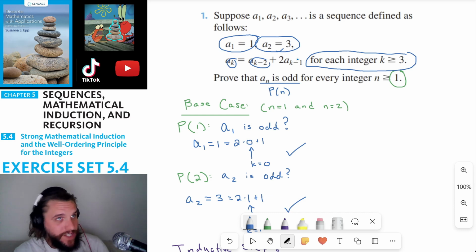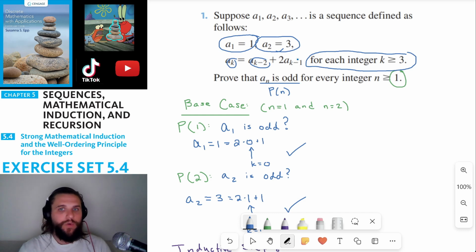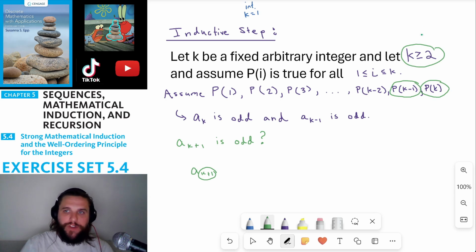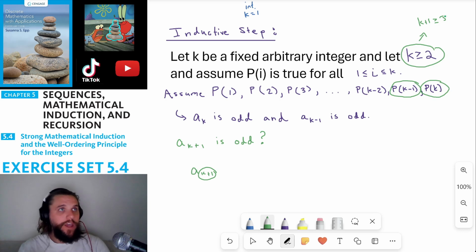So that means that since this is true for all k greater than or equal to 3, we can apply that recurrence relation to a sub k plus 1 since k plus 1 is greater than or equal to 3. Keep in mind, k is greater than or equal to 2, so if you add 1 to both sides of this, that would show that k plus 1 is greater than or equal to 3, and since k plus 1 is greater than or equal to 3, then we can apply the recurrence relation to a sub k plus 1.